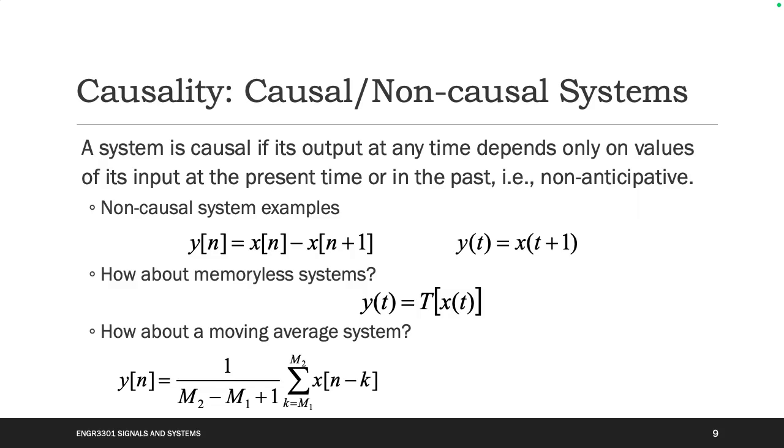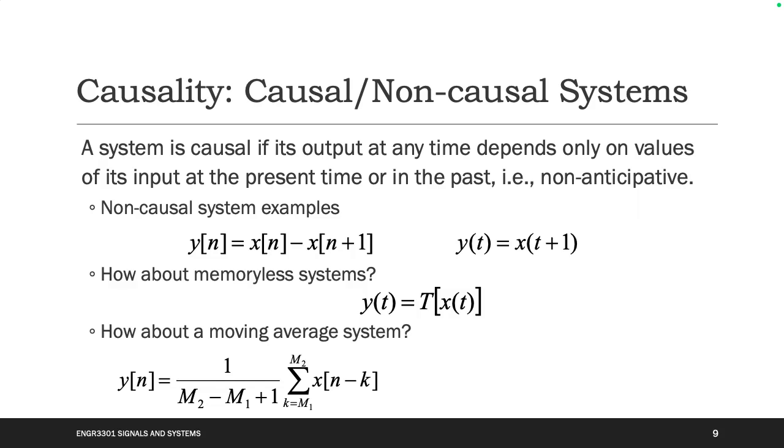Is this the future time? Yeah, future time, which means it is non-causal. If k equal 2, then it will become n minus 2, so it is past time. So it is causal. For answering this question, you need to think about that.